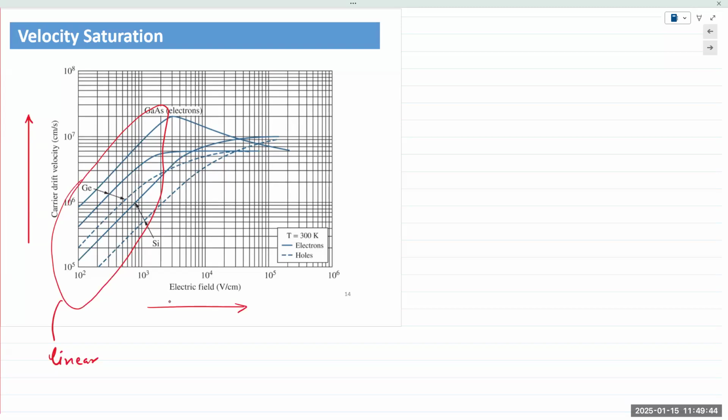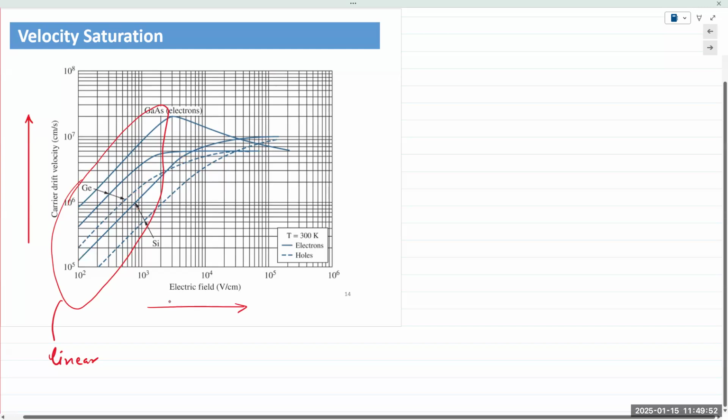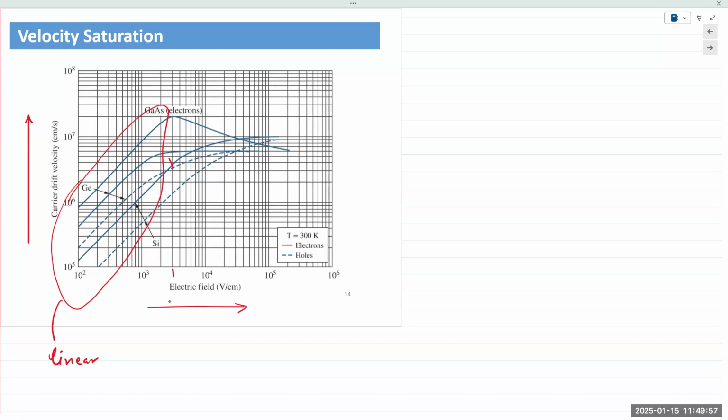If you look at silicon, which is right here, this line, it's linear up to this point, meaning about right there. 2 times 10 raised to 3, 3 times 10 raised to 3. Okay. 3,000 volts per centimeter.